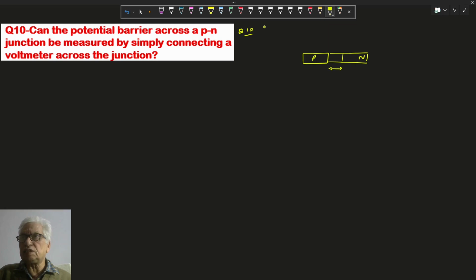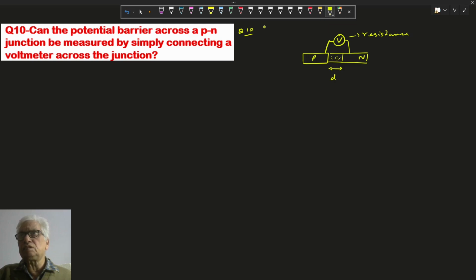Now in this question, suppose this is the N type and this is the P type. This is the barrier voltage, the depletion width, having very high resistance provided by this barrier. If we connect a voltmeter across it like this, the voltmeter resistance is quite high, even then some current passes through the galvanometer.